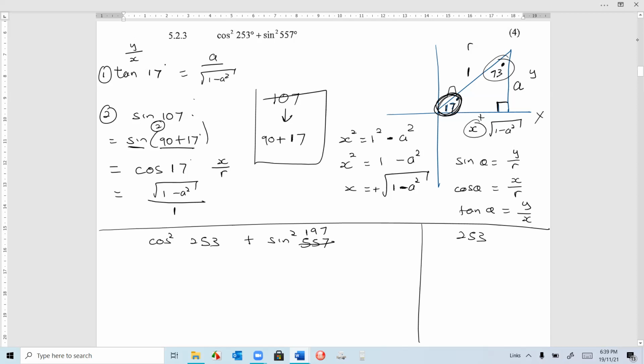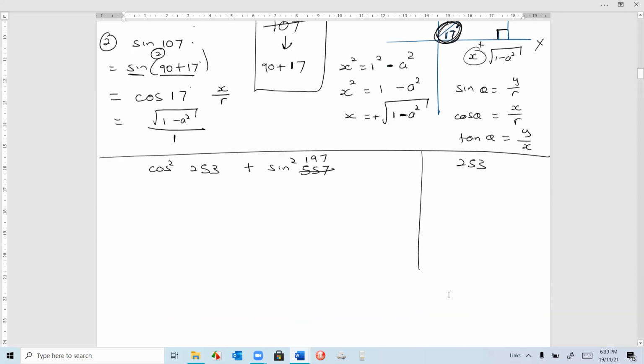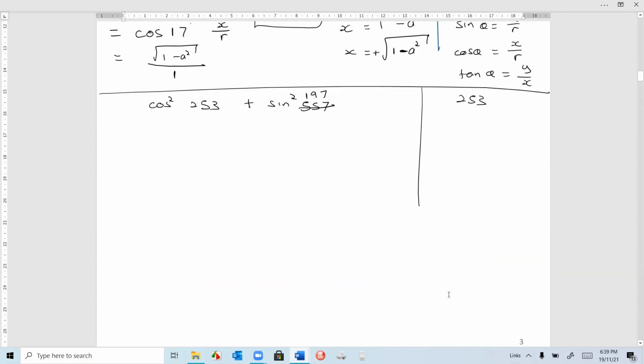In which quadrant is 253? Anybody knows? Third. In which quadrant is 253?